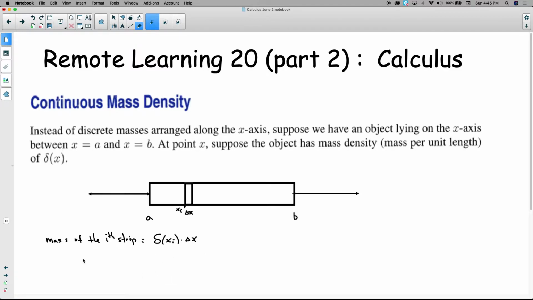All right, so we've got the mass of the ith strip.